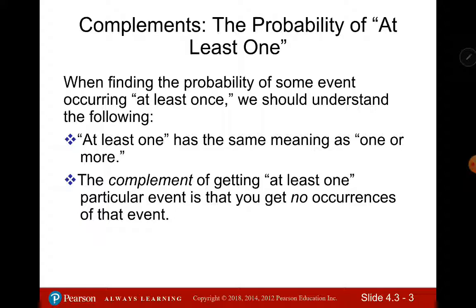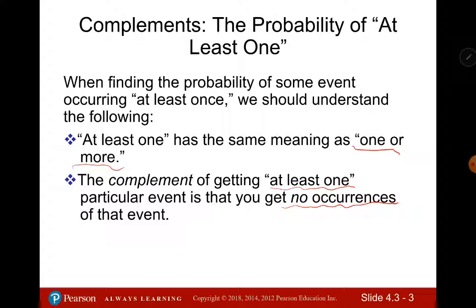First, we should understand what "at least one" means. It means one or more. And the complement of getting at least one actually means 0. Right?